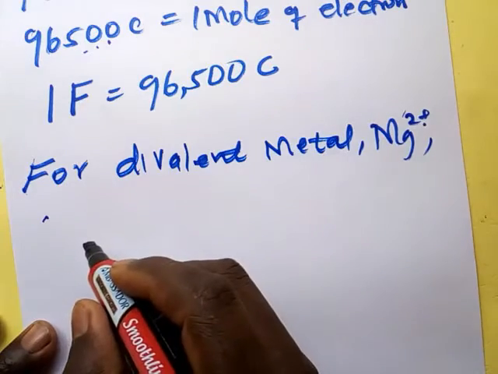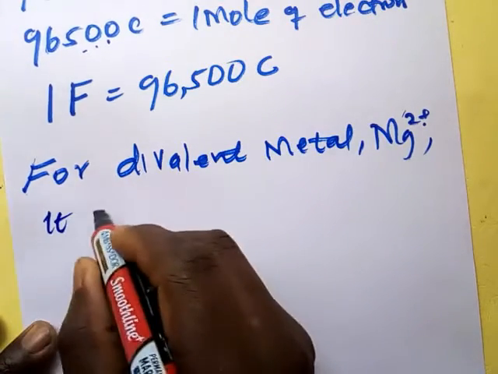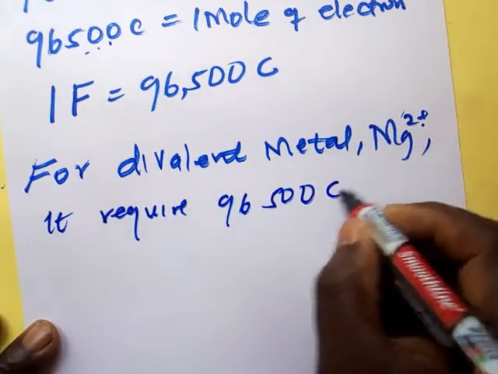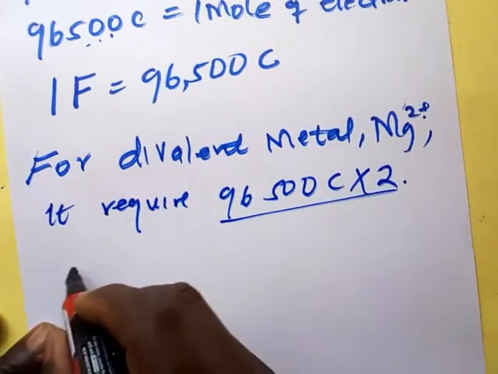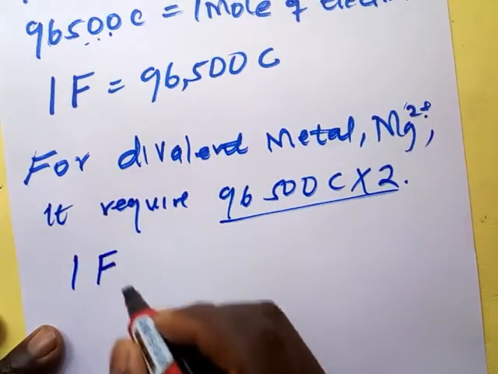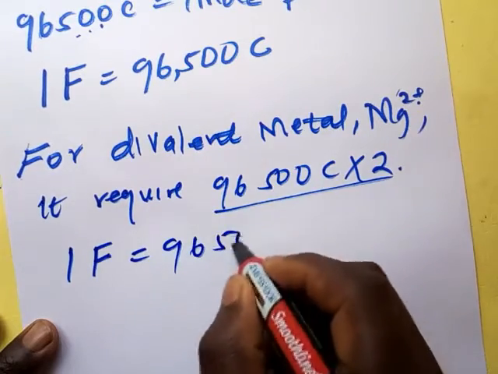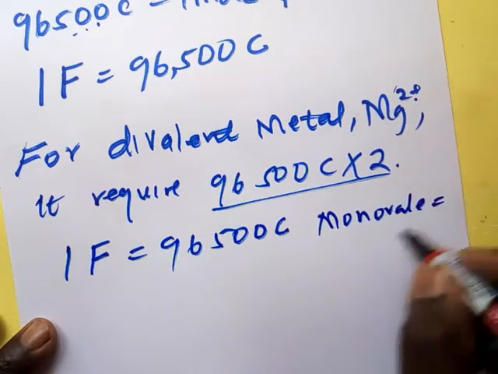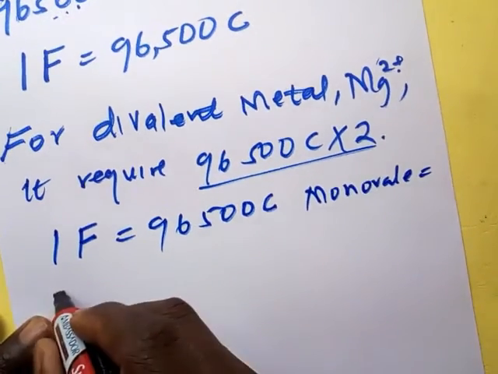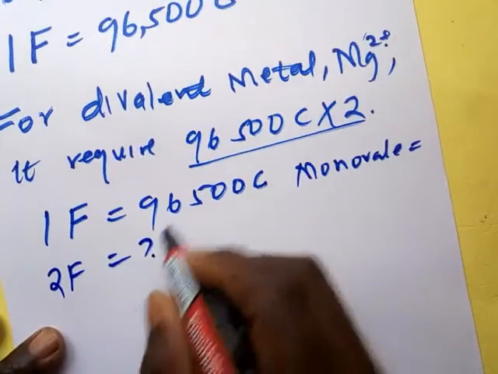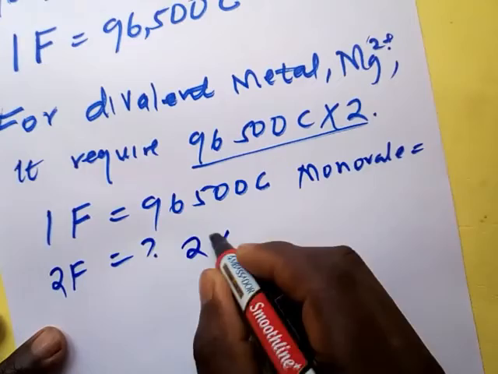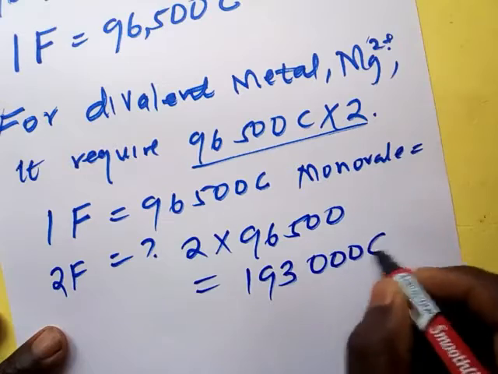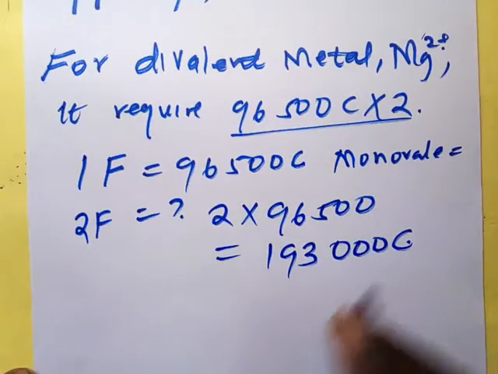It means it will require 96,500 coulombs times 2. If 1 Faraday is equal to 96,500 coulombs for a monovalent, what about a divalent? That is 2F, equal to 2 times 96,500, which is 193,000 coulombs for a divalent.